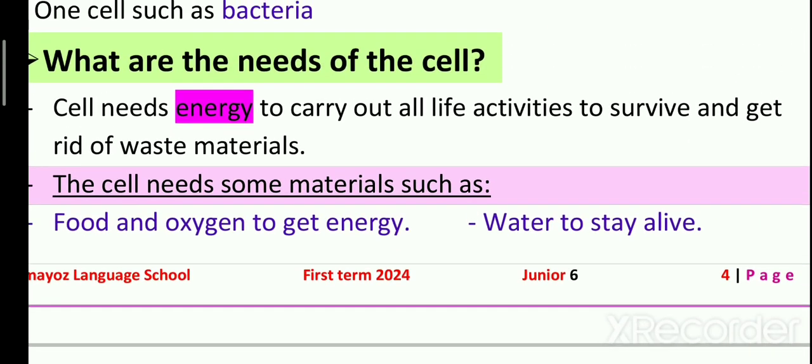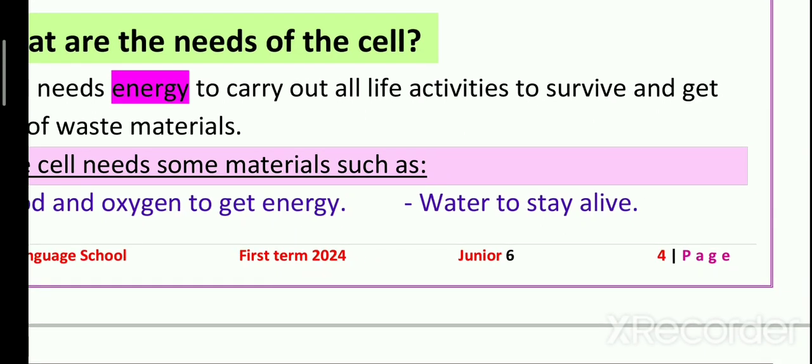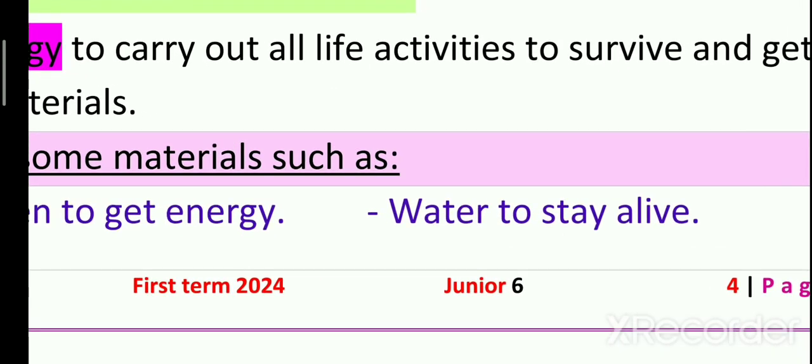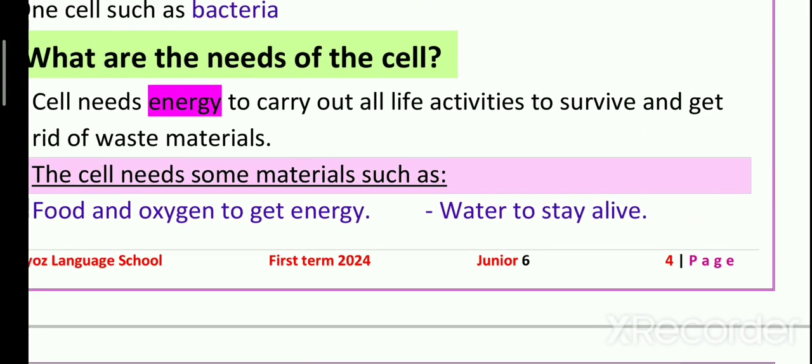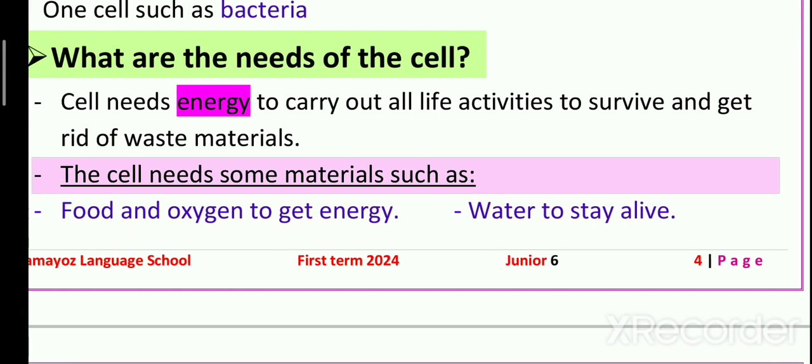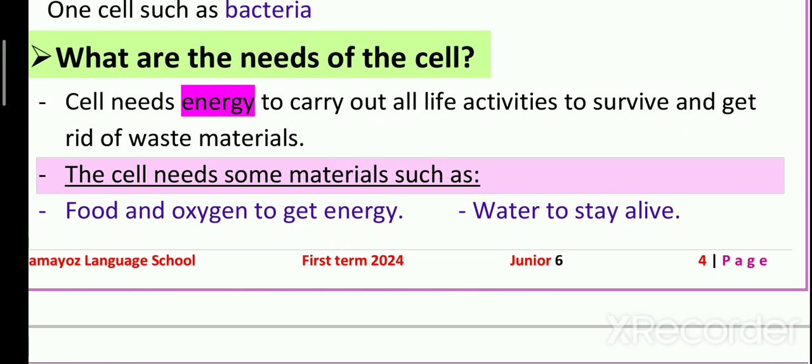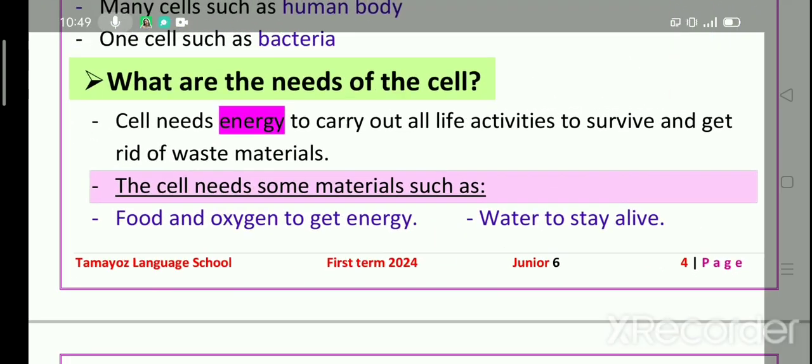And the cell needs energy to carry out all vital activities and needs something to survive. Needs what to survive? Needs water, to survive or stay alive. So the cell needs some materials to carry out all vital activities and to survive, such as food and oxygen to get energy, and water to stay alive.